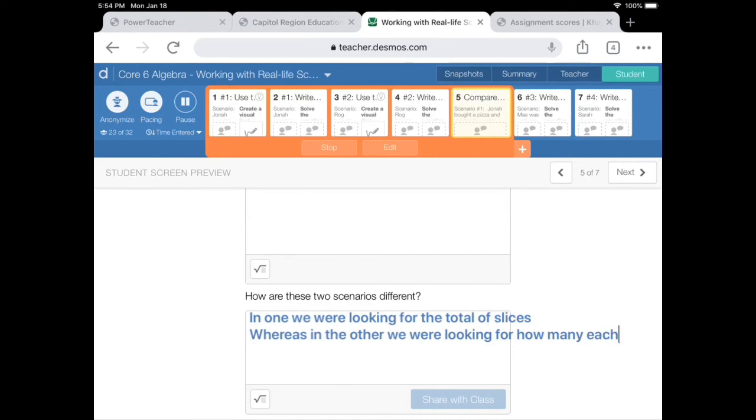So in both situations, there were leftovers. In both situations, we were dividing them out. But it was all about what was happening in the story and in the order that it was happening, and also what we're looking for.